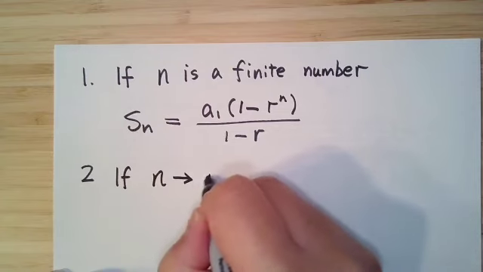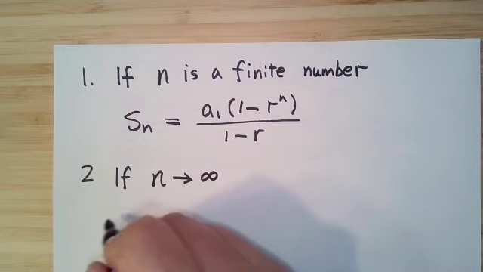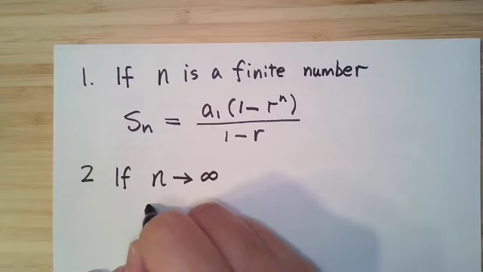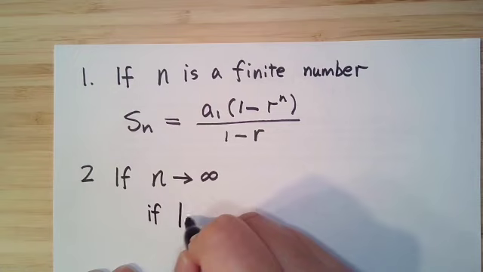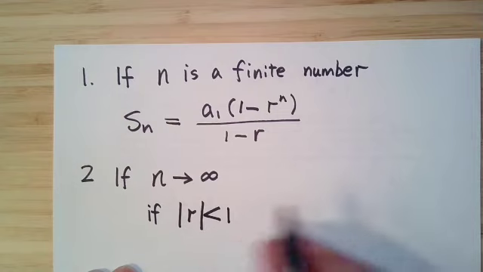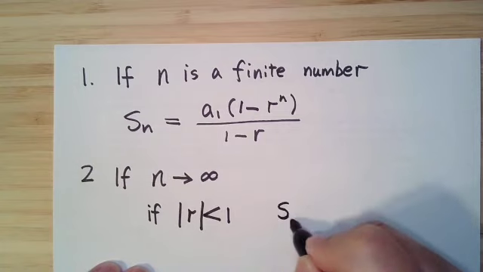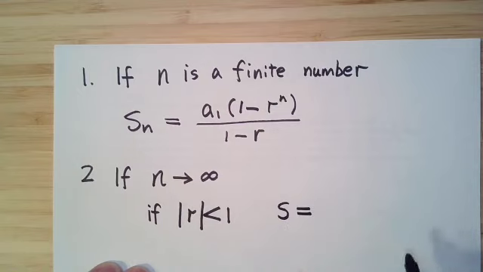Now, if n is infinity, that's a huge number, and if the absolute value of r is less than 1, for example, r is 1/2, which means every time you multiply by 1/2, so the absolute value gets smaller and smaller. In this case n goes forever.